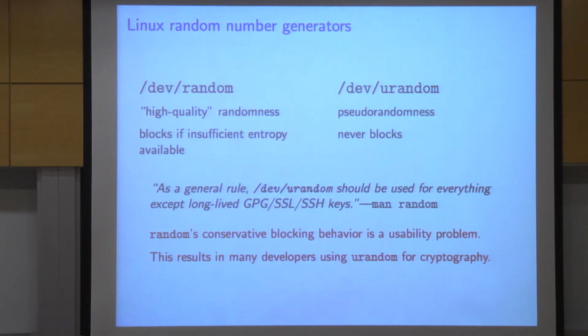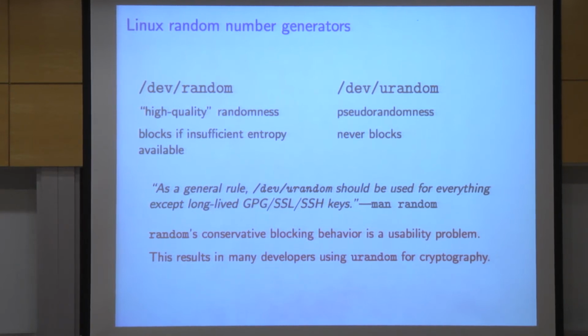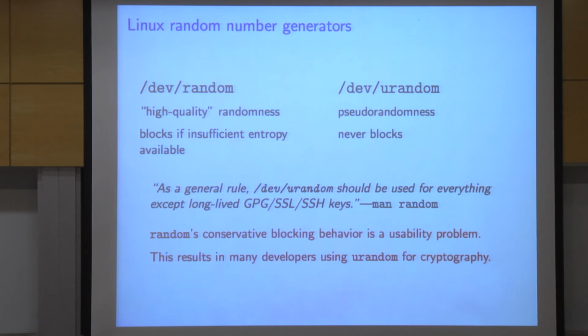Any guesses? And so yes, everyone was using dev-urandom. And the reason is that this conservative blocking behavior of dev-random is actually a usability problem. So on a little Wi-Fi router, if you try to use dev-random to generate your SSH keys, it may never provide any output at all because you don't have any of the sources of randomness that it has access to.